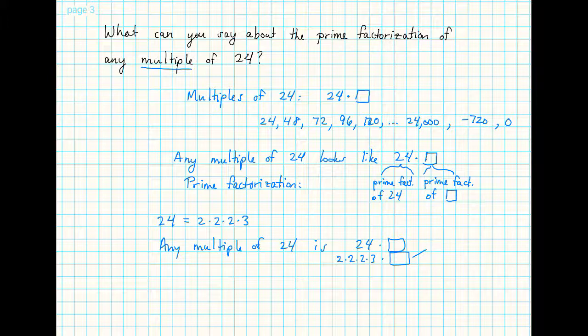Okay, that tells us that every multiple of 24 contains three factors of 2 and a factor of 3, and possibly some other stuff.